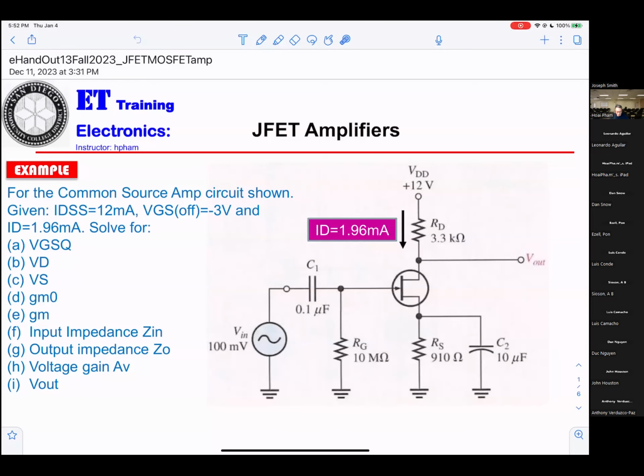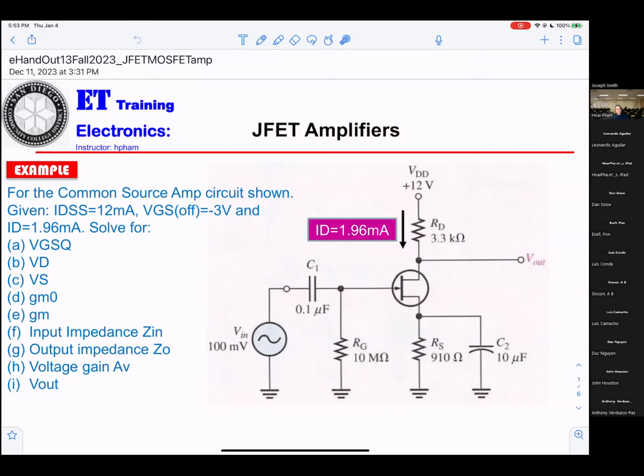Which one? Self bias? Perfect. Self bias means at the gate here, they connect to the ground, no DC. If you get a DC voltage here, there will be a fixed bias. Okay? That will be self bias.